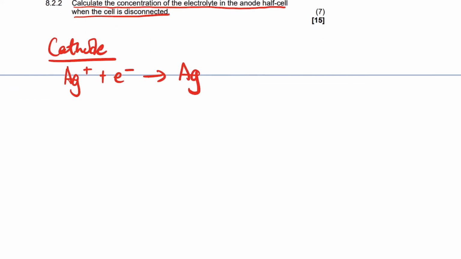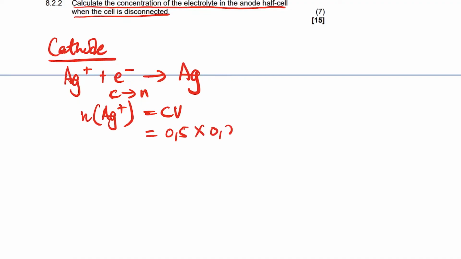From this concentration of silver, we're going to calculate the number of moles of silver that reacted, using n equals cV. In other words, we're changing from concentration to number of moles. The concentration is 0.5, and we multiply by the volume, which is 0.2, giving 0.1 mole.